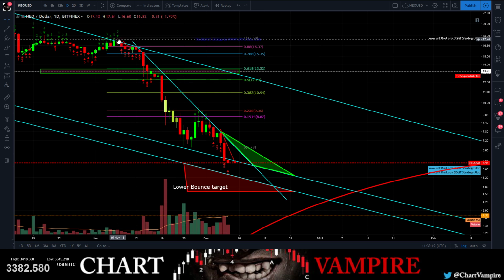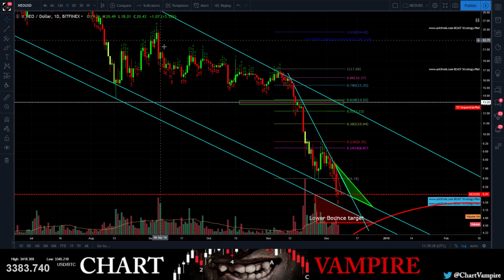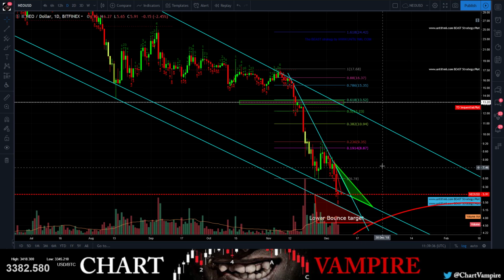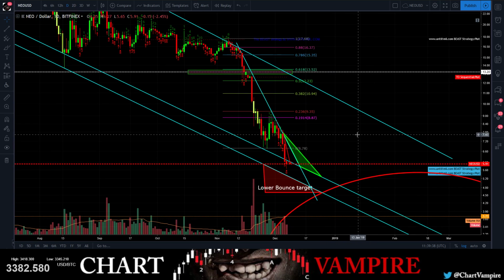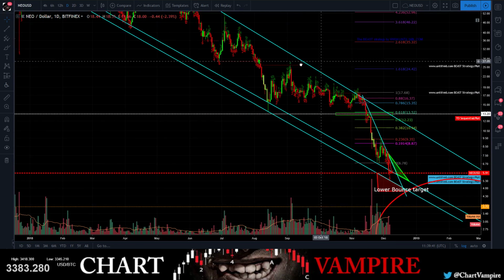Now, can you count this? It looks like a 1, 2, 3, 4, 5. Yeah, this looks like another wave down.